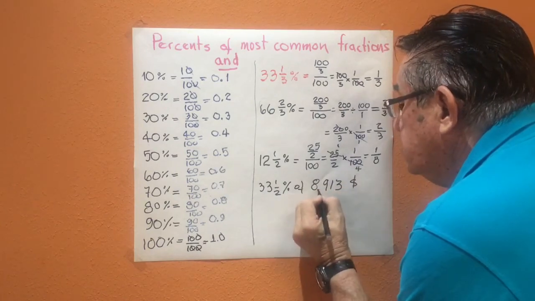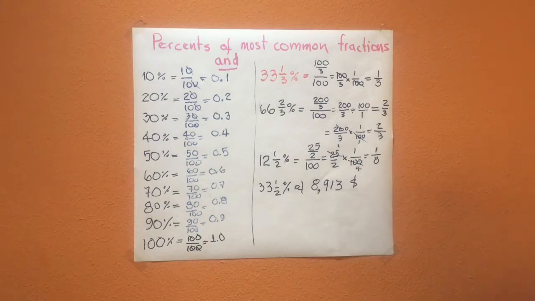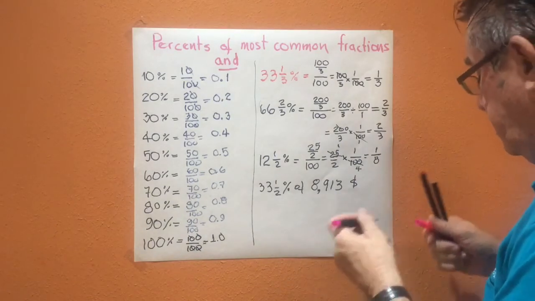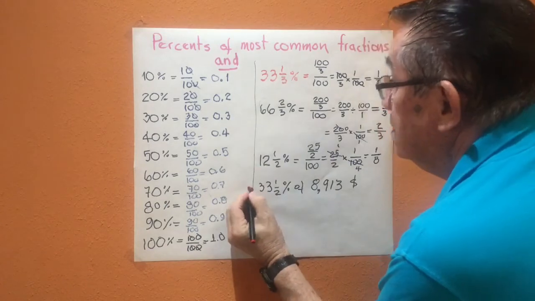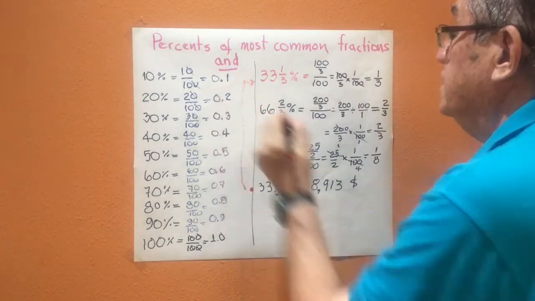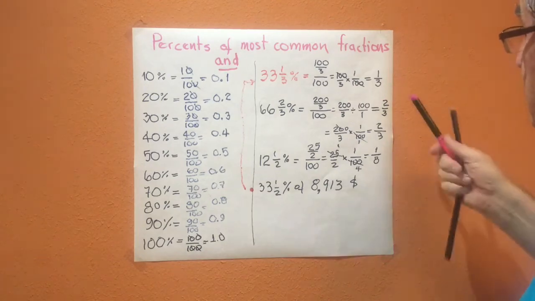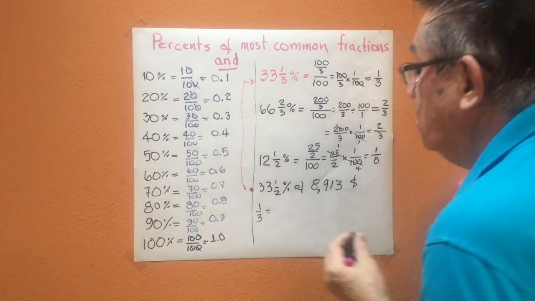Let's see, it could be dollars. And we want to know how much this is going to be. Okay, well, since we already completed this exercise, we go to this example and we have to change 1/3 into a decimal form.